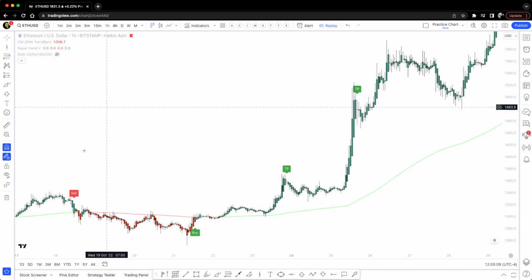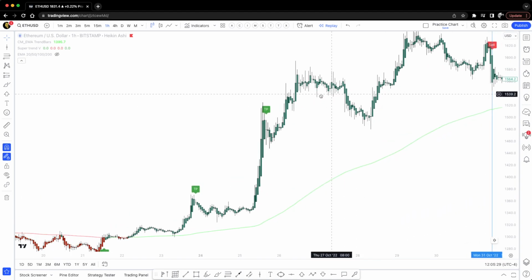You see, when you use this indicator, every time the price is below the 200 moving average, the candles are all red. Unless they're touching or breaking above, you see they start to turn green a little bit. But when you're completely above the 200, it's completely buying. It's a nice trend indicator.